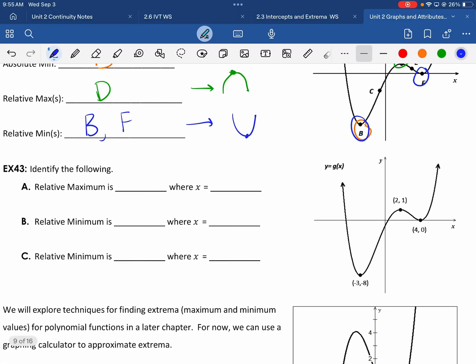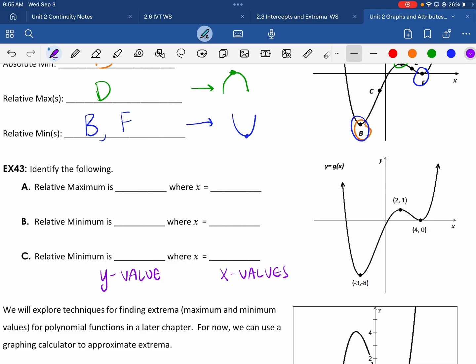Okay, so this one here is what I was talking about with the vocab, like where and what and x and y and all of those good things. Your extrema, your max and your mins, are located at the x values, but the actual max and min is the y value, because the y value will tell you how high or how low your graph is.